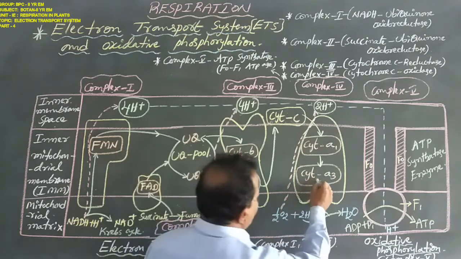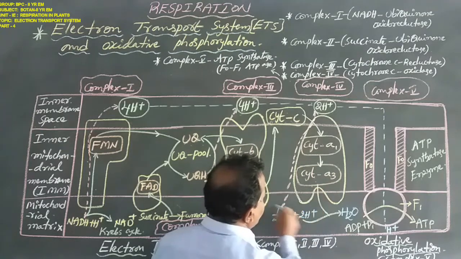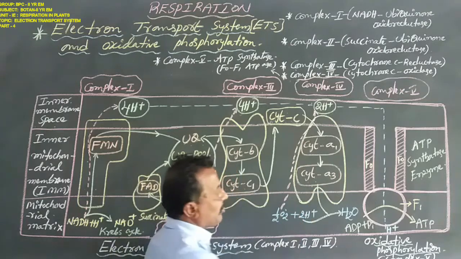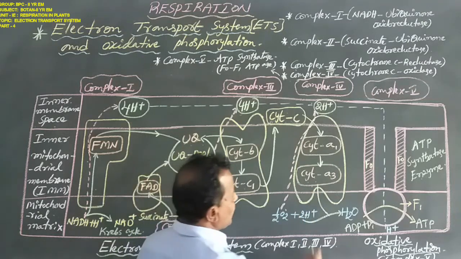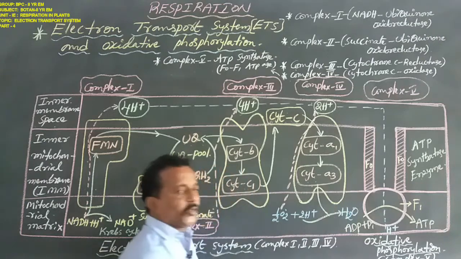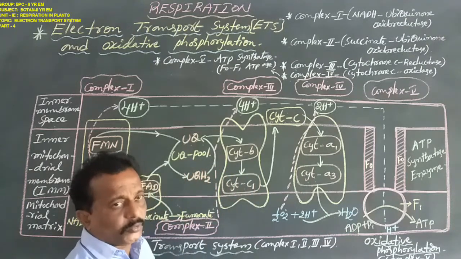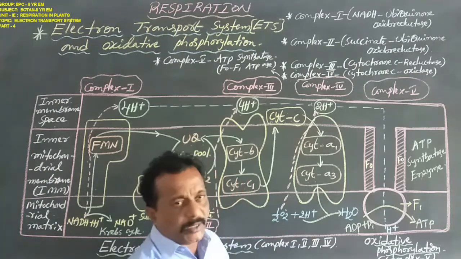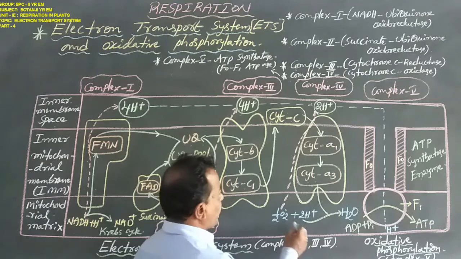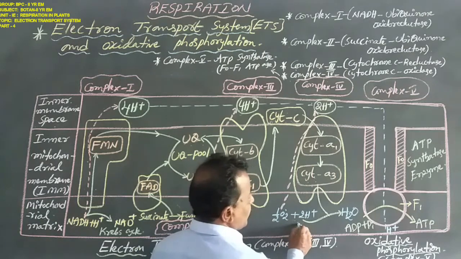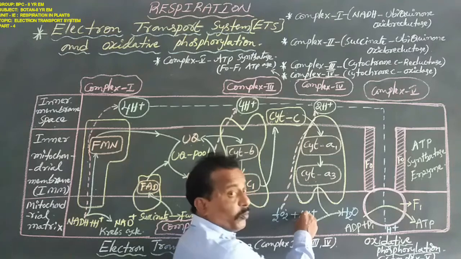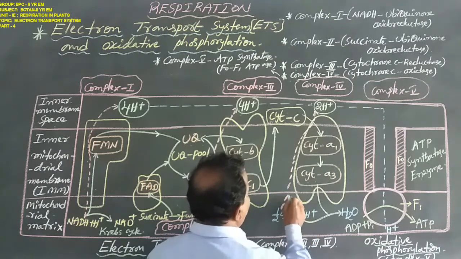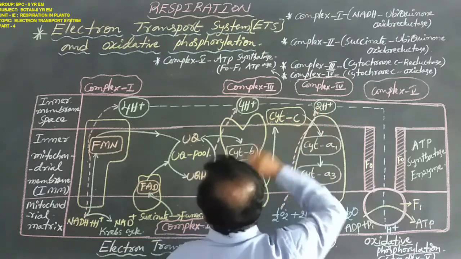In this step the electrons reach molecular oxygen, to form one water molecule. The mitochondrial matrix already contains protons. Generally 4 protons are formed and split: 2 protons stay in the mitochondrial matrix and the remaining 2 protons are transported into the inner membrane space.